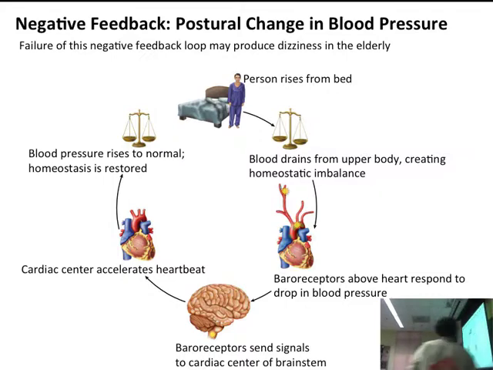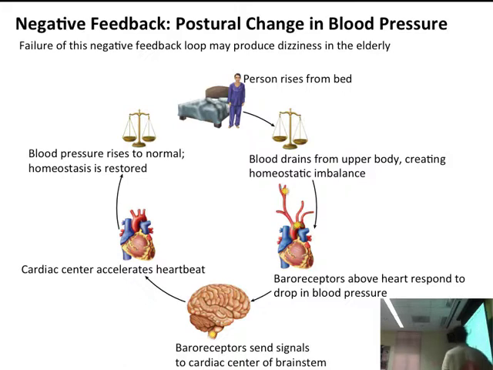This happens in other systems too. Here's another example: postural changes in blood pressure. When people get up from bed, blood drains from the upper body where it's been pooling, and the blood pressure drops.